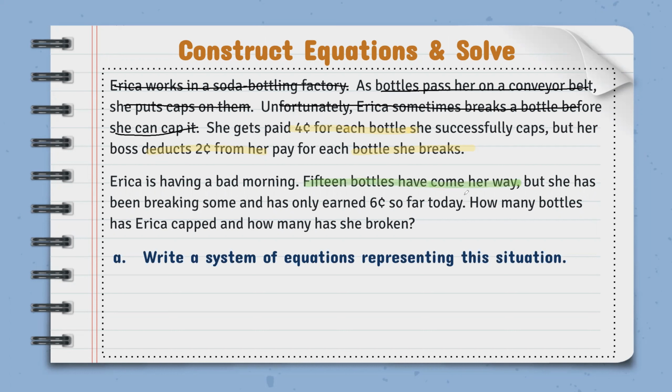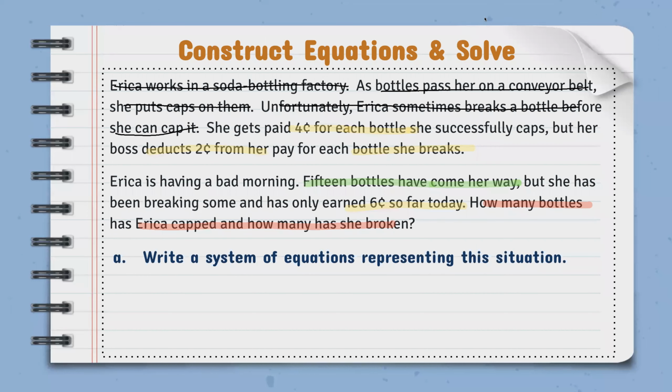So right there is one equation. 15 bottles have come her way, but she has been breaking some, and she has only earned 6 cents so far. How many bottles has Erica capped and how many has she broken? So that's our question right there at the end of all that information. That's what we're answering, okay?